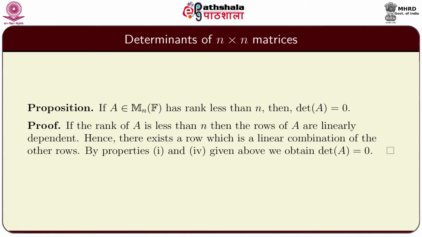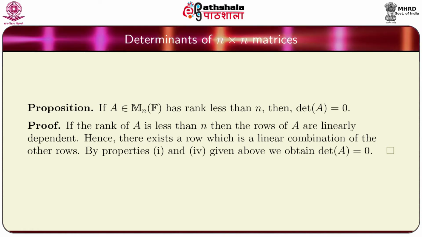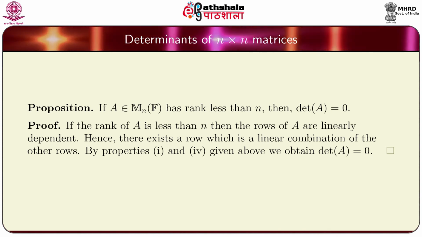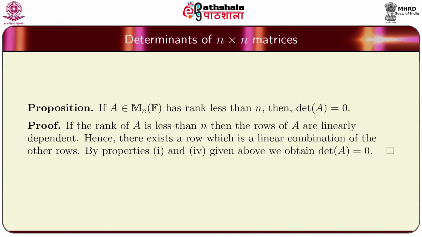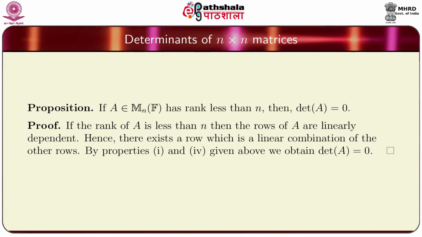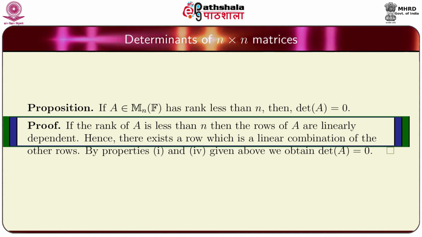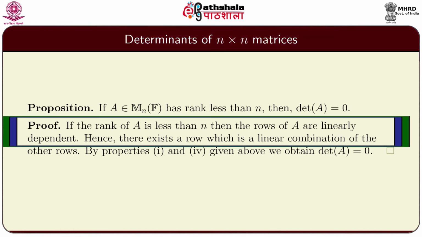Proposition: if A is an n cross n matrix over the field F, and if rank of A is less than n, then det A is 0. If the rank of A is less than n, then the rows of A are linearly dependent.